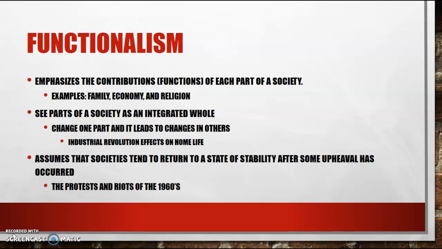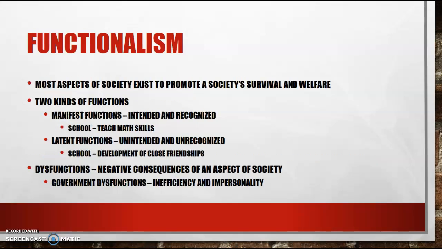You still had people who would be poor. You still had people who would be discriminated against. So while it did cause some change, stability did come back after the protests and riots in the 60s were over.